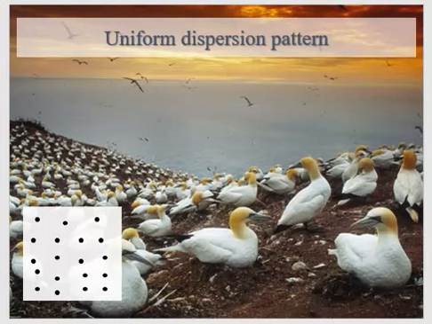The last one is uniform dispersion. Uniform dispersion is a little weird because you don't see it quite so often, noticeably, in nature. It does exist, but it's hard to find. You have to look for it. Uniform dispersion, think of lines of corn or rows of corn or wheat in a farmer's field.